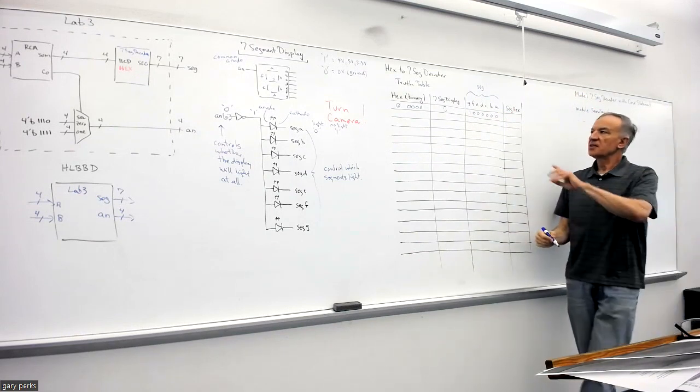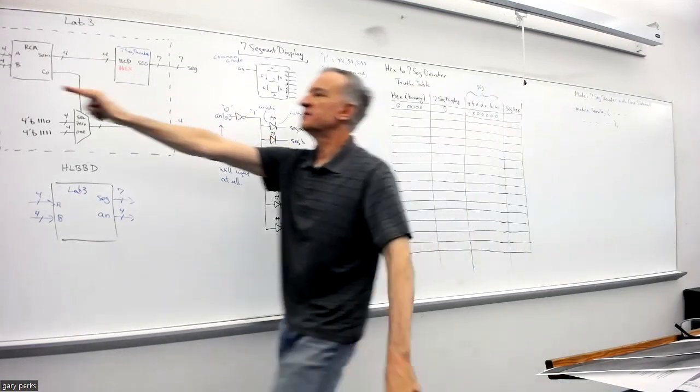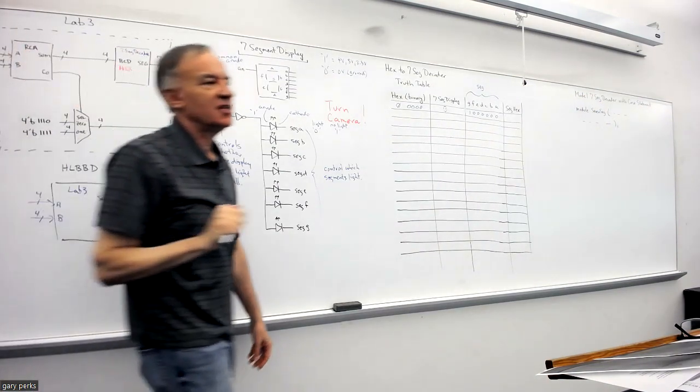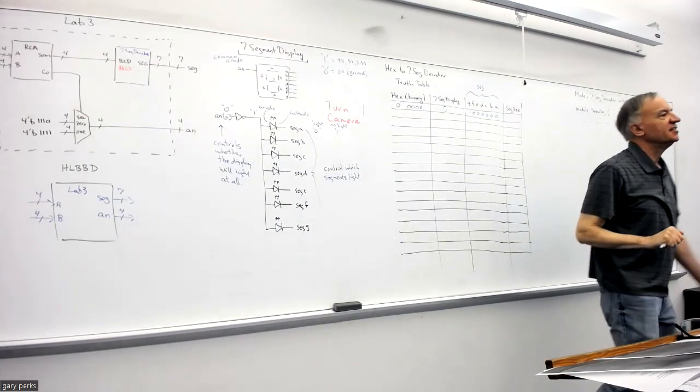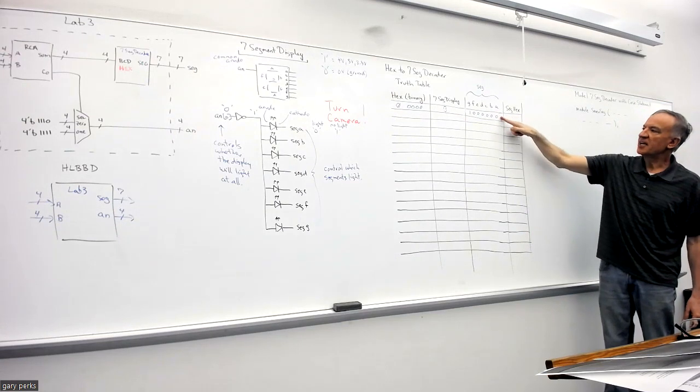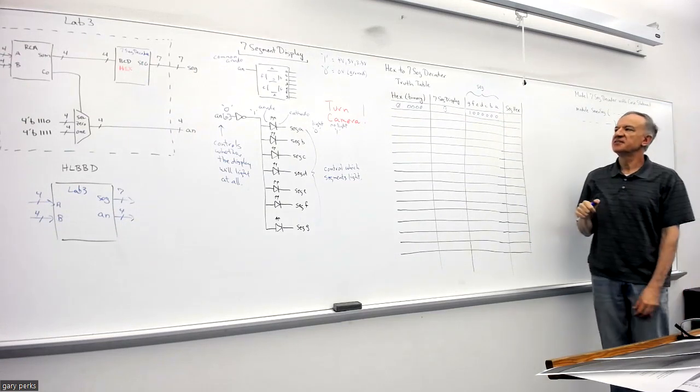Now, as we talked about, we can go from hex to binary or binary to hex just by grouping bits in 4s. So what if I wanted to write this seg output as a hex instead of a binary?